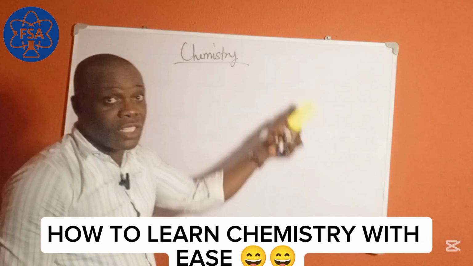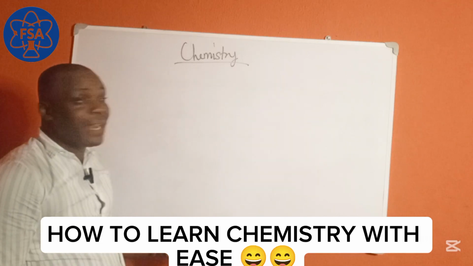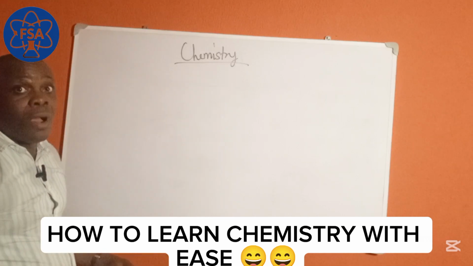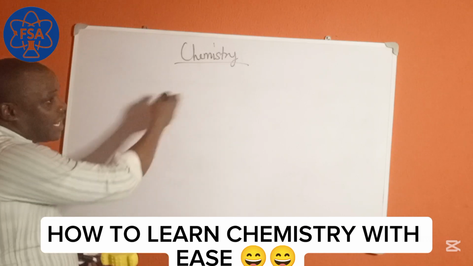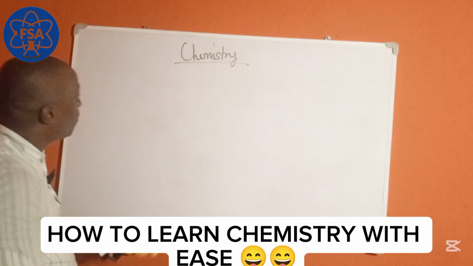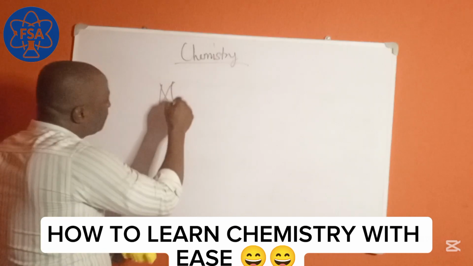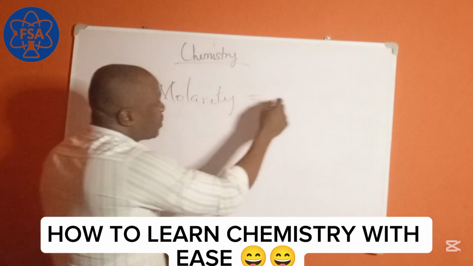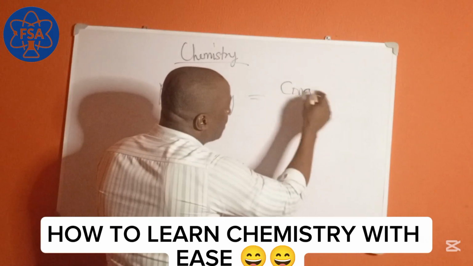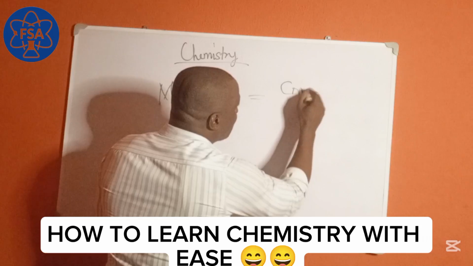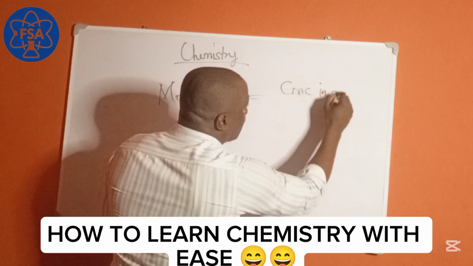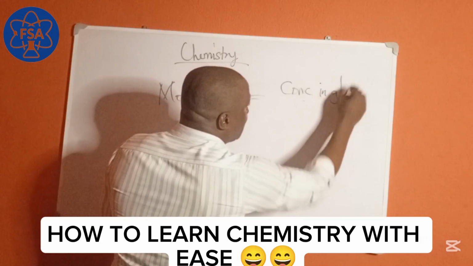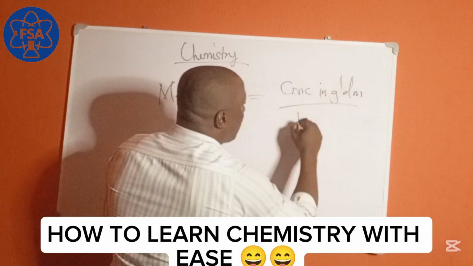Molarity has to do with the concentration in grams per dm cubed of that solution. So the concentration in grams per dm cubed, all over the molar mass.